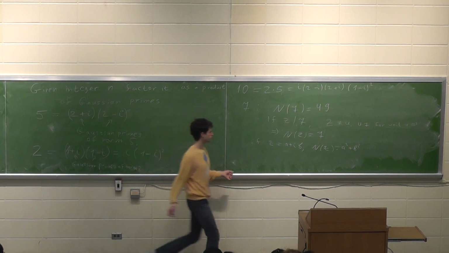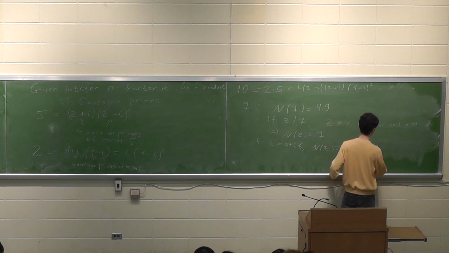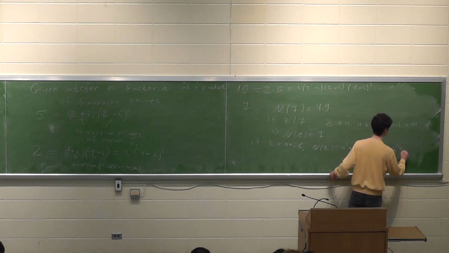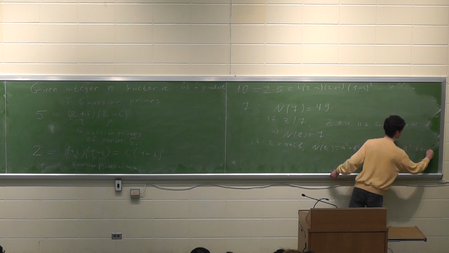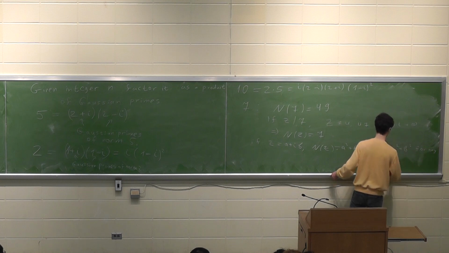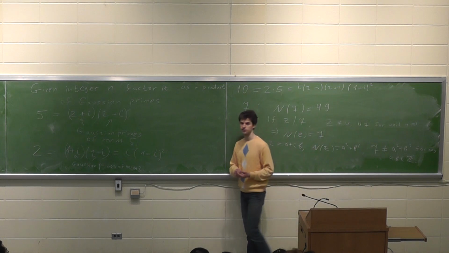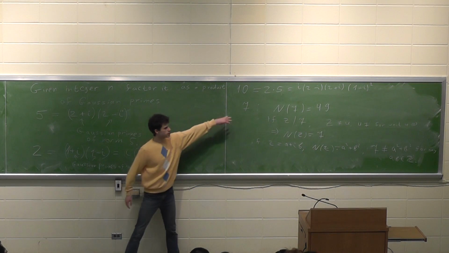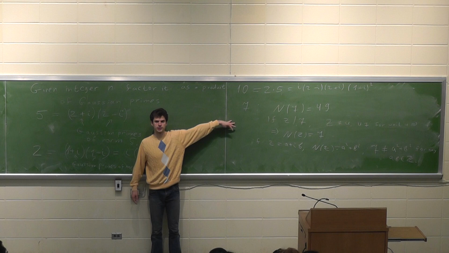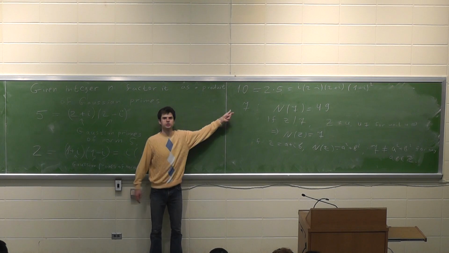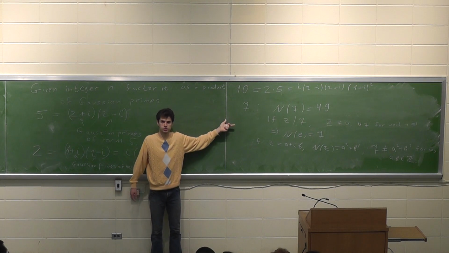So 7 is not a squared plus b squared for any integer numbers a and b. So this number is a Gaussian prime. It's a usual prime, and it is also a Gaussian prime, which is, as you see, stronger.